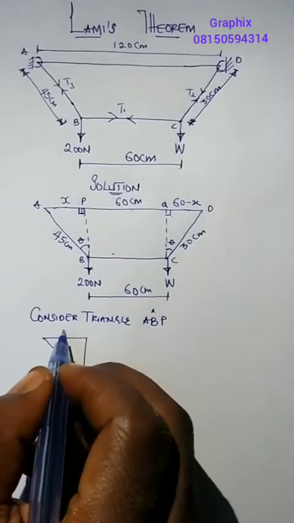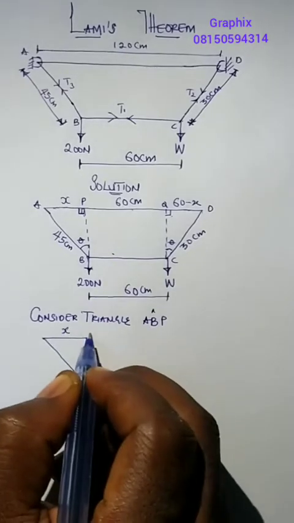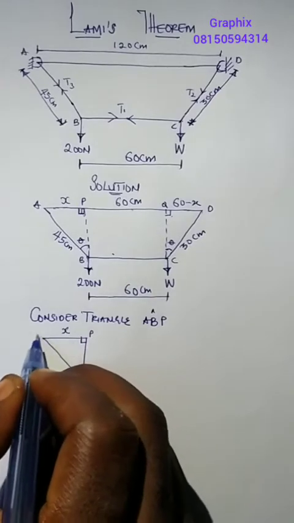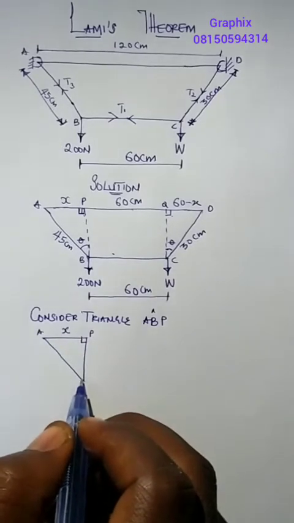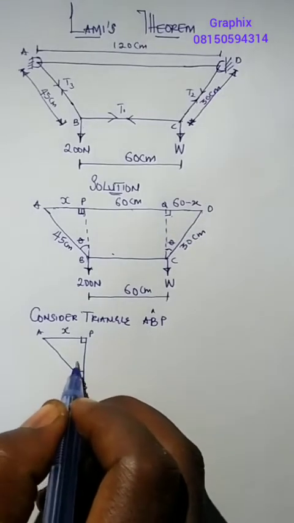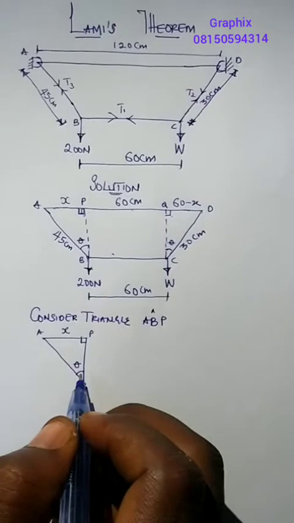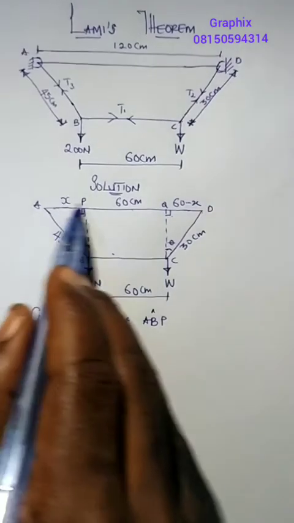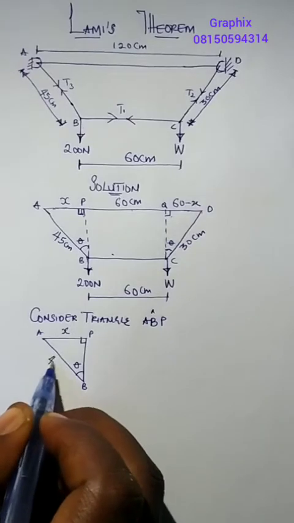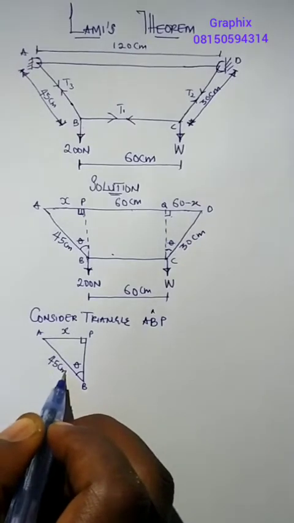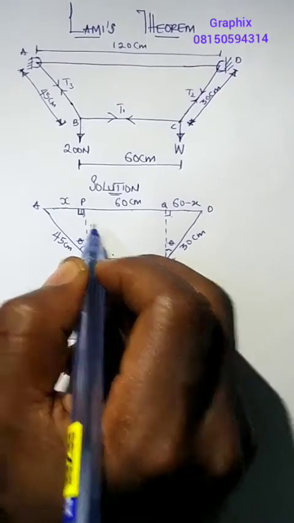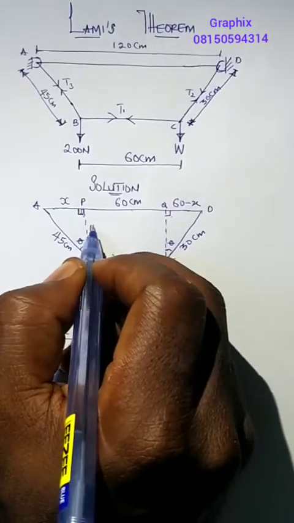So this is X, this is P here, this is A here, this is B here, right? We will have our theta at this point here. I'm drawing this out again, and this is my 45 centimeter. So we'll call this point maybe Y is the height.